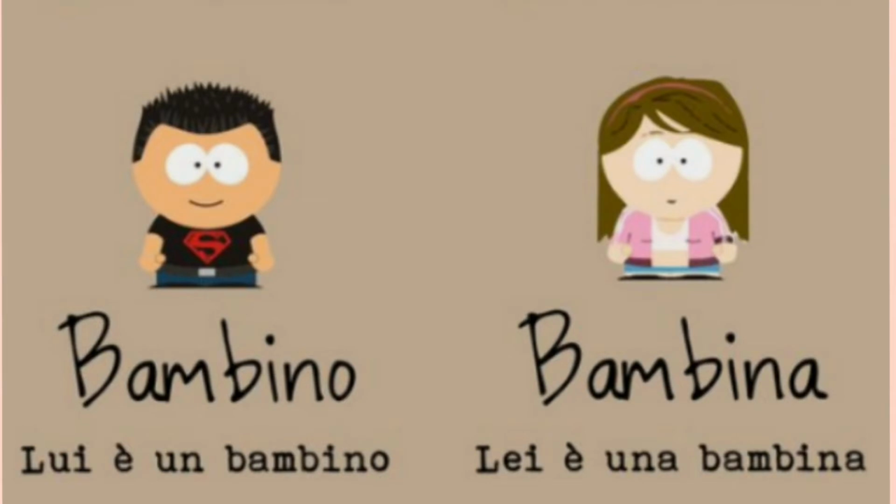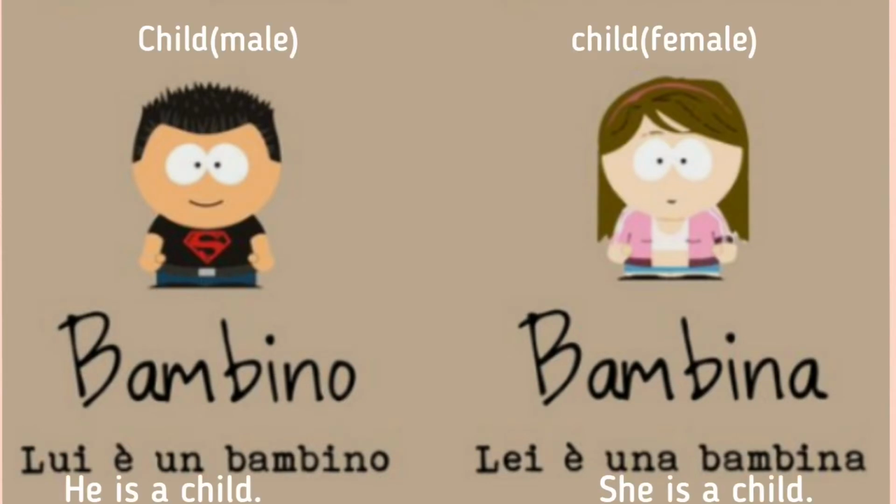Another example is, lui è un bambino. Bambino is a masculine word because it ends with the letter O. And bambino means child, a male child. So he is a child. And we can say for a child that is female, lei è una bambina. Obviously, bambina is feminine because it ends with the letter A.